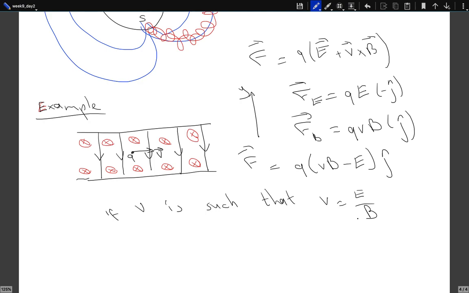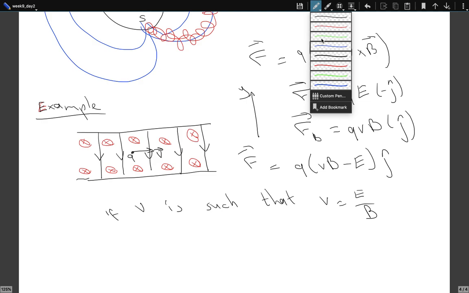So if the speed of the object that you send is faster than E over B, in which direction will it accelerate? If v is larger than E over B, this will be positive, so it will accelerate upward.